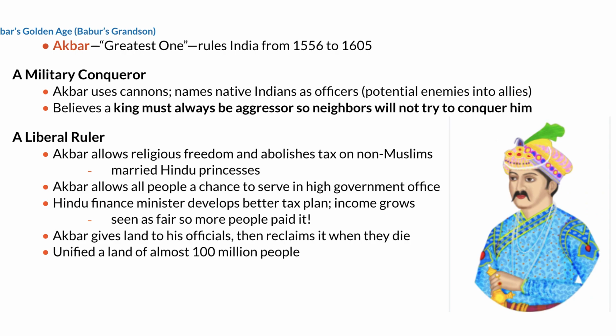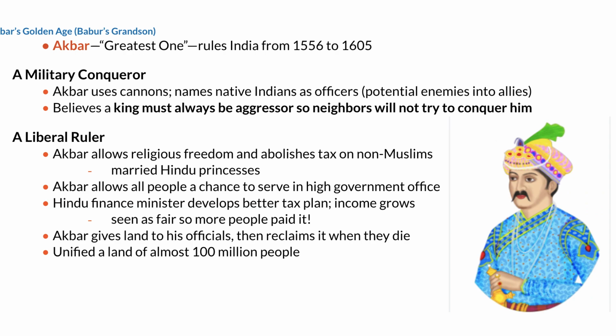Akbar, which means the greatest one. He rules the Mughal Empire in India from 1556 to 1605. He now has cannon. So we have gunpowder. And his philosophy is, you join me or I kill you.